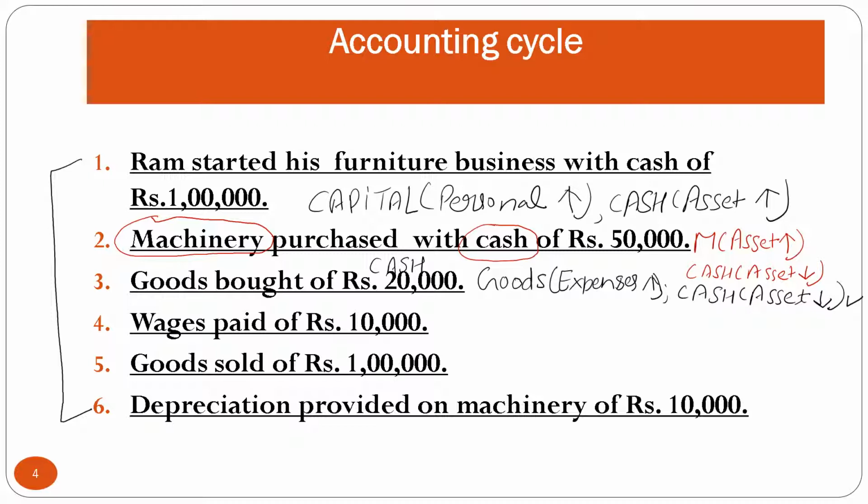Next one is wages paid for cash. We assume that this transaction is also for cash. I mean to say the cash has been paid in this transaction. Wages is the first entity.